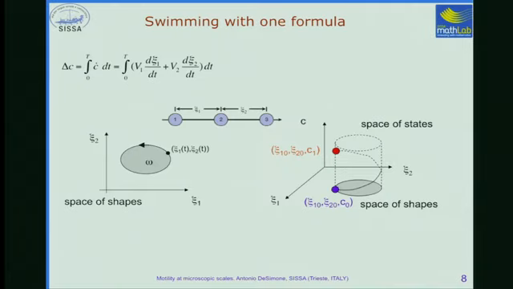So we put position on the vertical axis, shape on the horizontal plane, that is the space of shapes, and we drive with loops in shape space changes in positional space. And what is the net positional change? It's the integral, it's the flux of the curl of the vector field V through the area bounded by the loop.